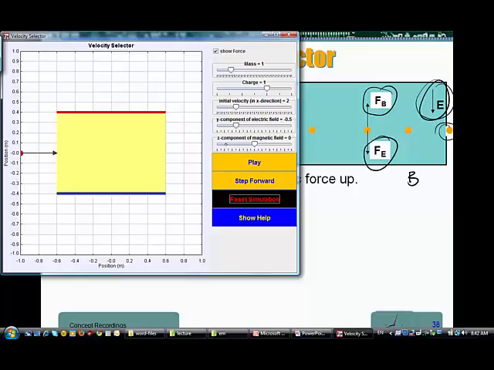If I have a negative electrical field and a positive charge, then the force is going to be in the same direction as the electrical field, so you see it pointing down, that purplish arrow.